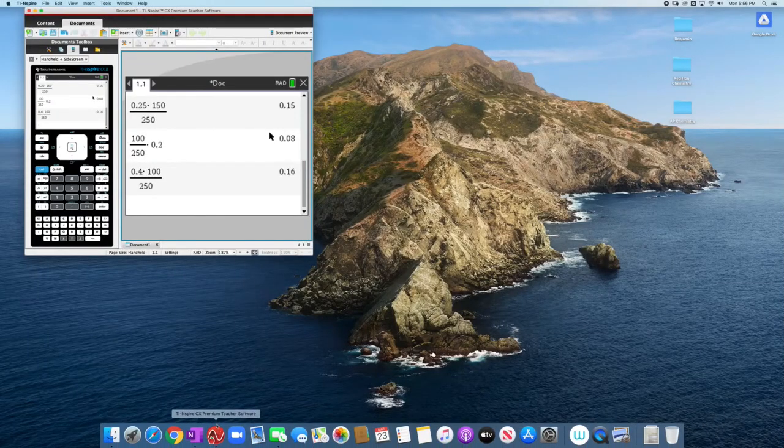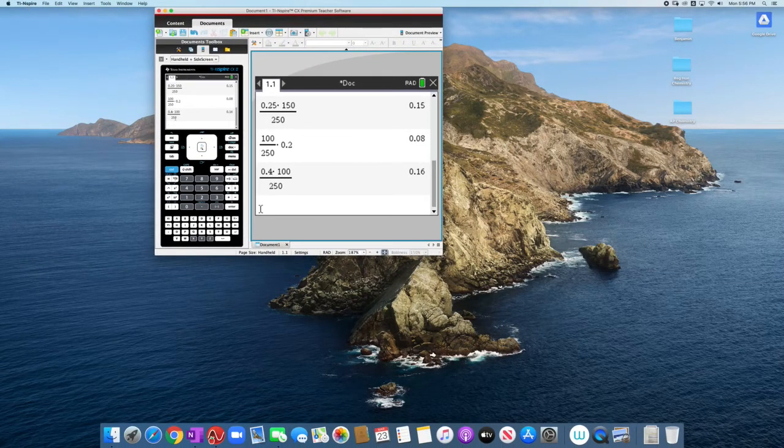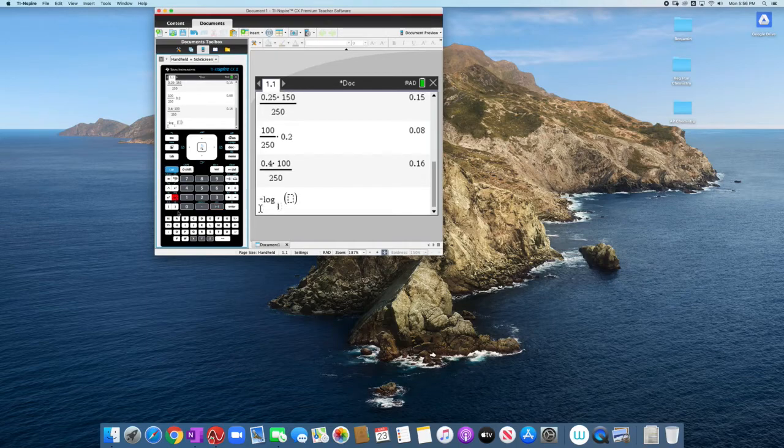Okay, so we're going to type in the negative base 10 logarithm of 0.100. Of course, the calculator doesn't care if I put those extra zeros there, and we see that's 1. Now let's change it just slightly.